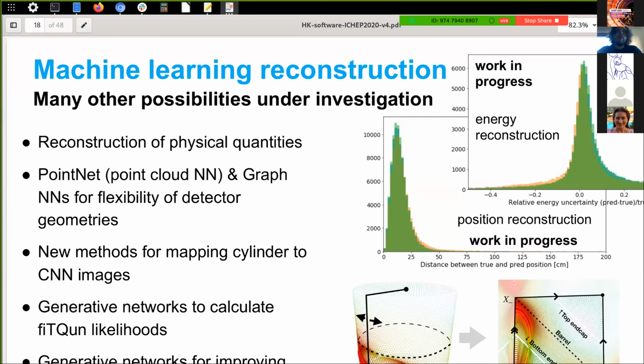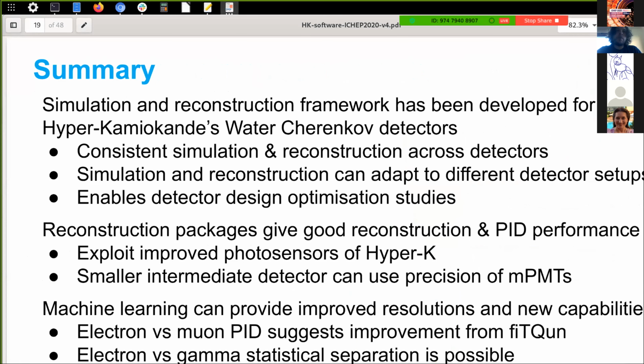So in summary, we have a framework developed to provide a consistent simulation and reconstruction software for both of our water Cherenkov detectors, making it flexible so that it's easy to adapt to different detector setups and perform design optimization studies.